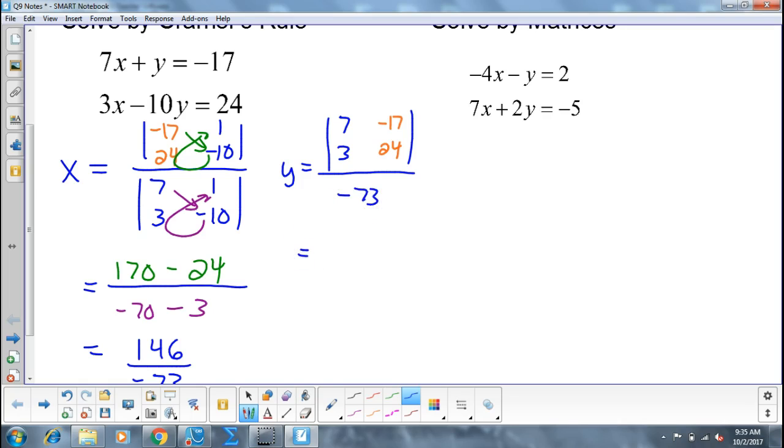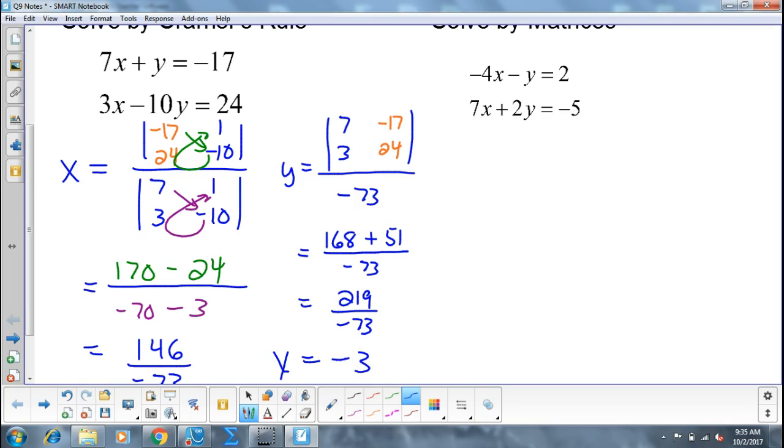So that is 168 minus negative 51, all over negative 73. That gives me 209. Nope, excuse me, 219, over negative 73. So y then is equal to negative 3.